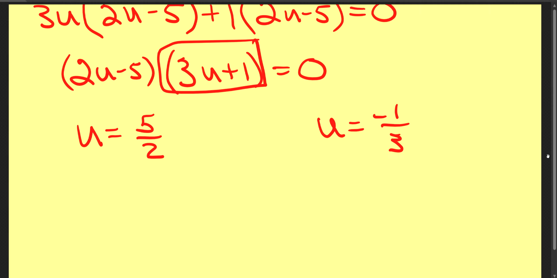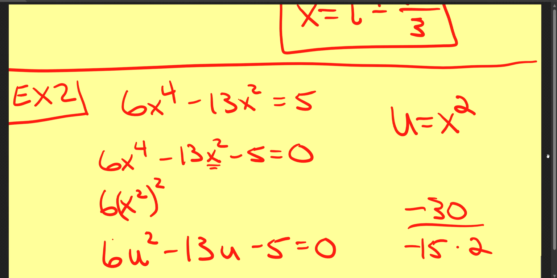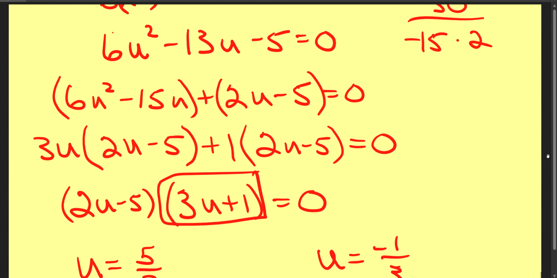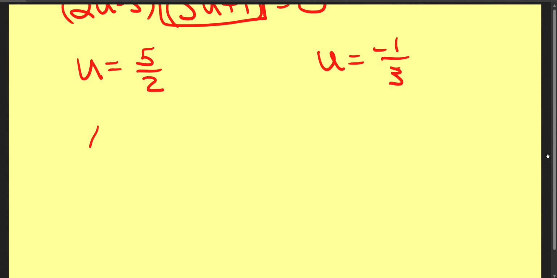Okay, we're not solving for u, we're solving for x. So I have to go back up here and remind myself that u equals x squared. If u equals x squared, then this is going to be x squared equals 5 over 2, and on the right side, x squared equals negative 1 over 3.